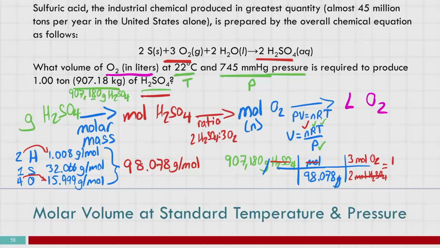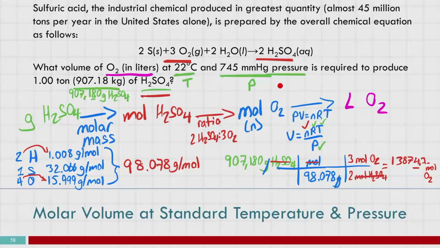It's a very large number for what we usually see. It's 13,000 moles of O2 and some change, of course. And then we get to plug this into V equals nRT over P.